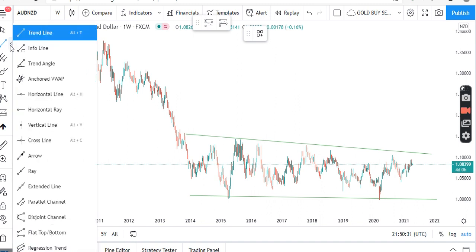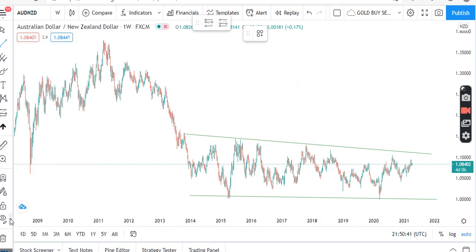Remember, when we're talking about support and resistance, we are not talking about one specific price, right? We're talking about a range. We're talking about an area, right? So this is what I go through whenever I'm trying to analyze the market.